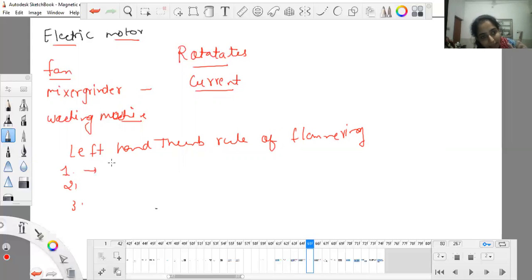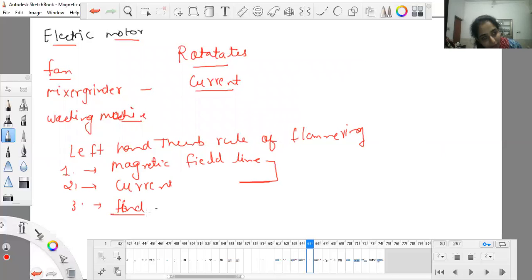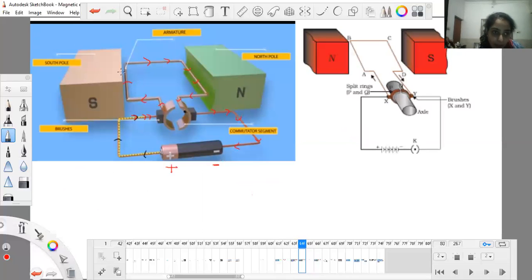First is the magnetic field lines, and the second is the current. You are provided with two things, and you have to find the third thing, which is the force. In this case you can see how the magnetic field lines flow. The magnetic field lines from the outside of the magnet flow from north to south.